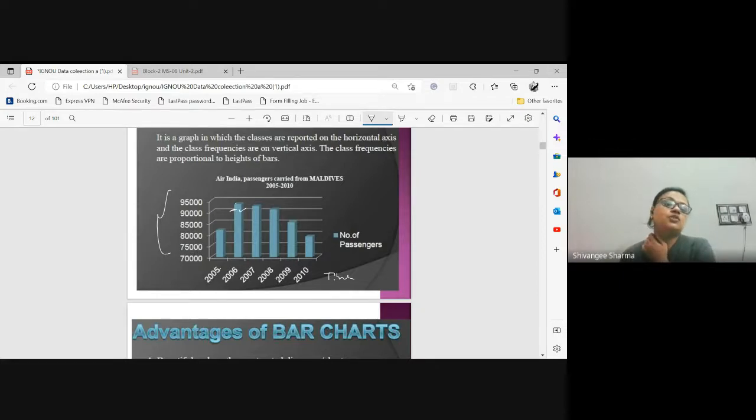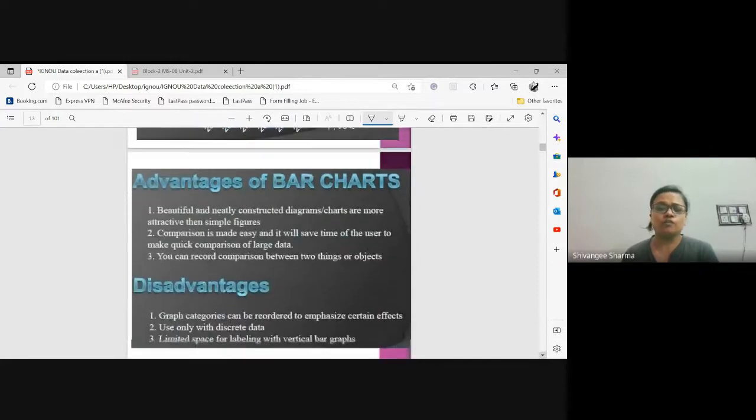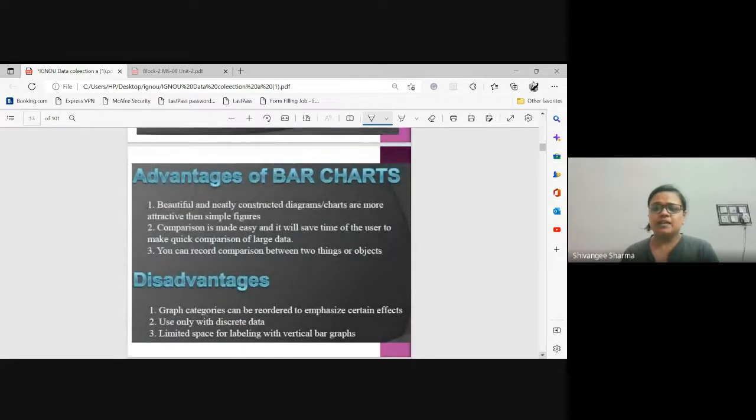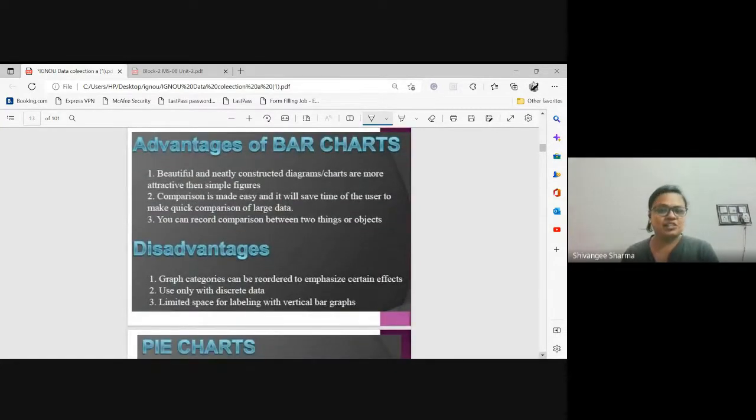So from this you can make the inference that in the year 2010 the number of passengers is least, or highest in the year 2006. So to make conclusions and inferences, we use these charts. So this is what a bar diagram looks like. It is the simplest form of representing data. It can be very neatly constructed and very easy to understand.